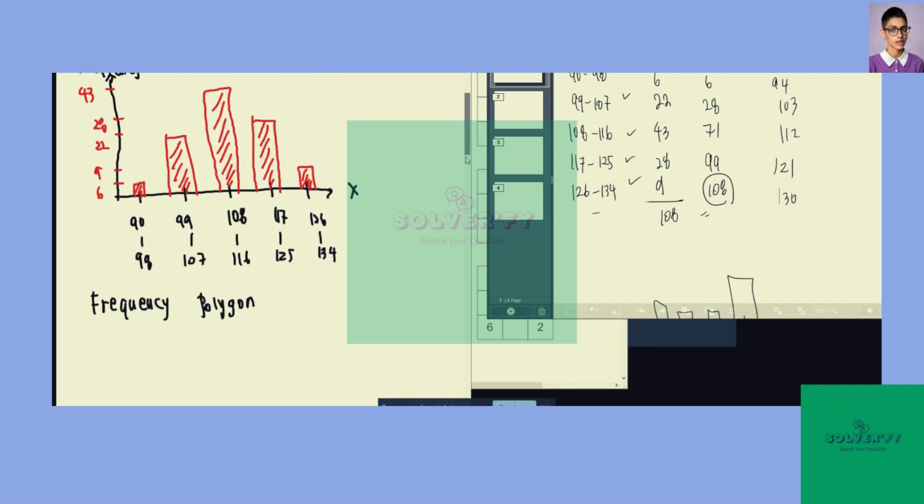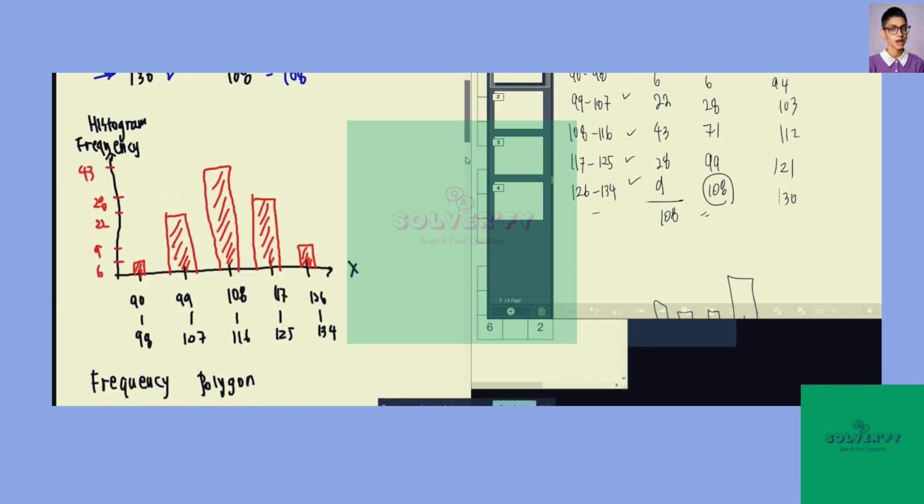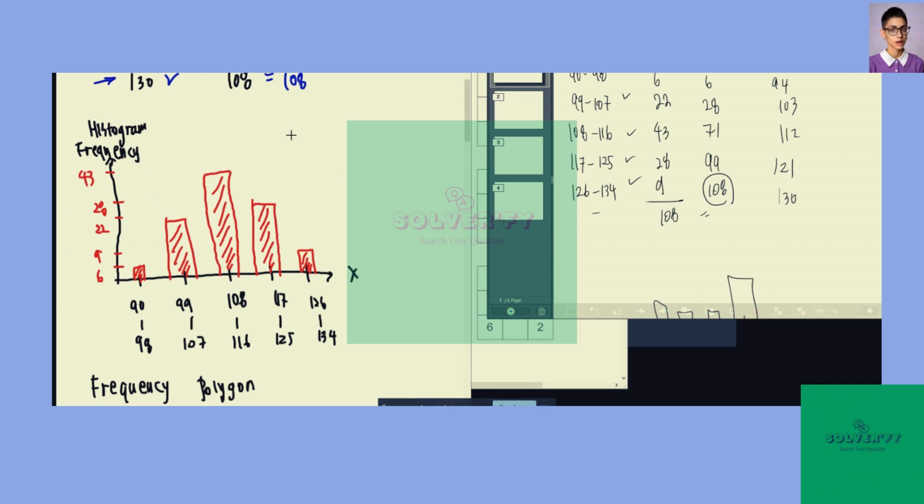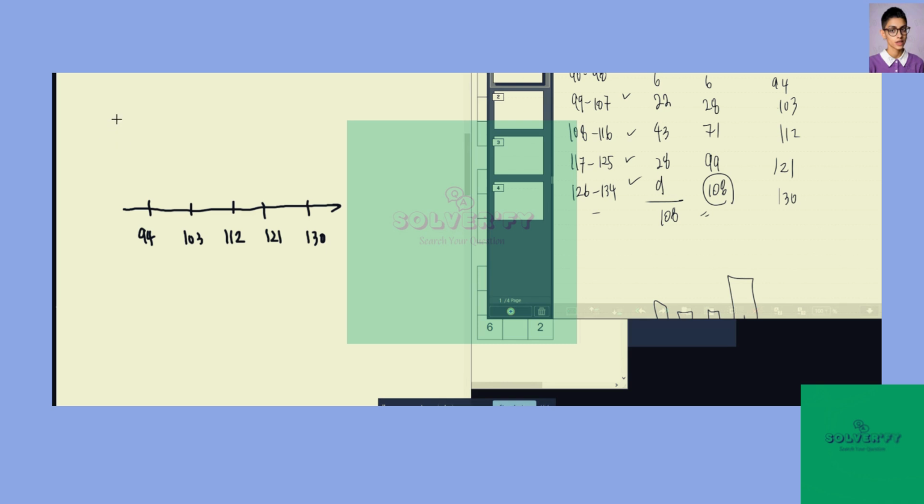Then we're going to use frequency on your vertical axis. Here, 43 was the highest one, and 28, and relatively smaller 22, and here 9 and 6. Now what do we do?